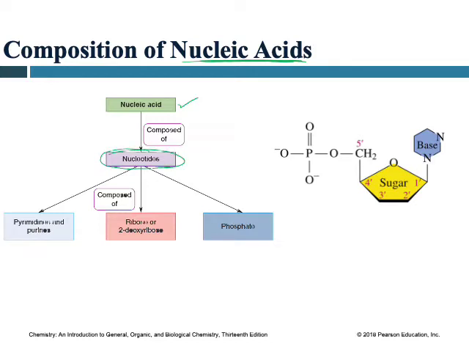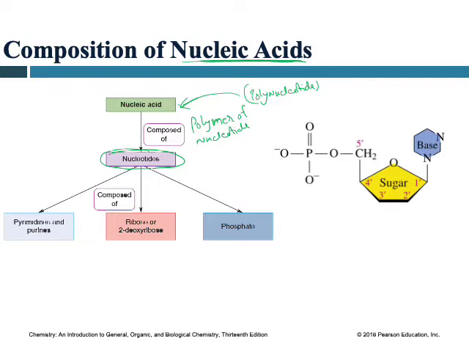So nucleic acid is a polymer of nucleotides. When ten or more nucleotides combine together in the form of a polymer, we normally call it a polynucleotide. So a polynucleotide is a nucleic acid, where many nucleotides join together. And what is a nucleotide?